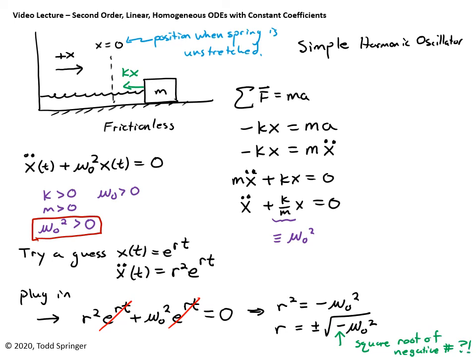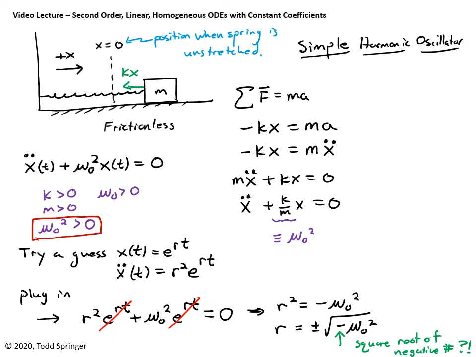Some of you know how this works, but if you haven't seen it before, this is something you have to think very hard about. You're supposed to not be able to take the square root of a negative number, so this is looking strange. So in order to actually solve this most important equation in physics in terms of exponentials, I need to think about how to handle square roots of negative numbers.